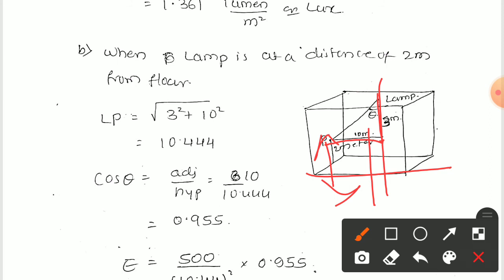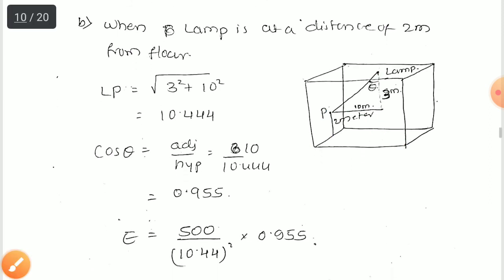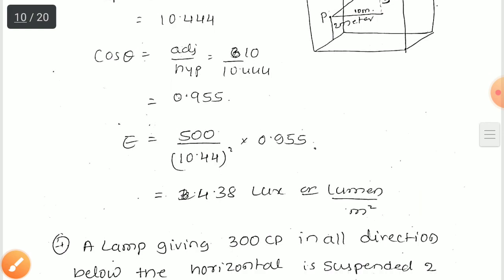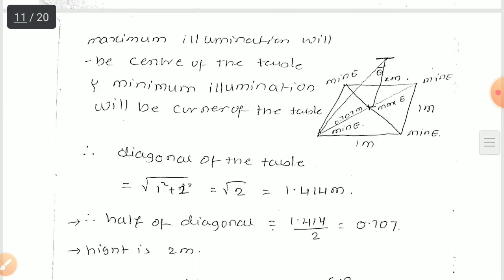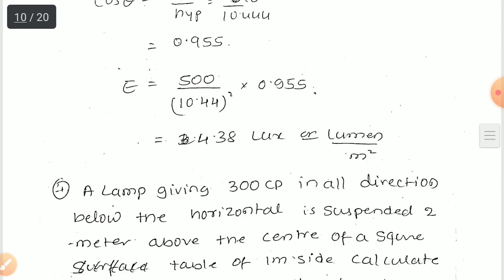From that I calculated LP, and from that you calculate the illumination on the surface. That is about the problem.